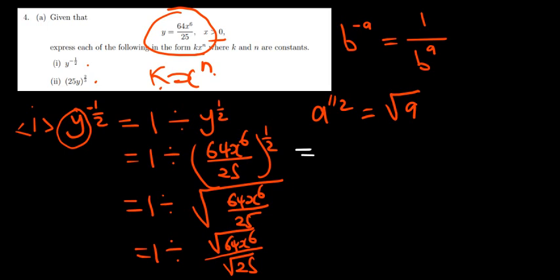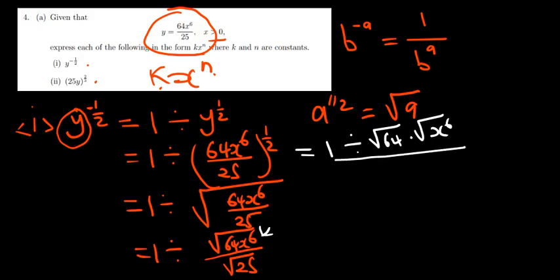From there, I'm going to say equals 1 divided by, and on top I can distribute the root: the root of 64 multiplied by the root of x to the power 6. I can do all this by the laws of surds, which I taught you guys, and then divided by the root of 25.